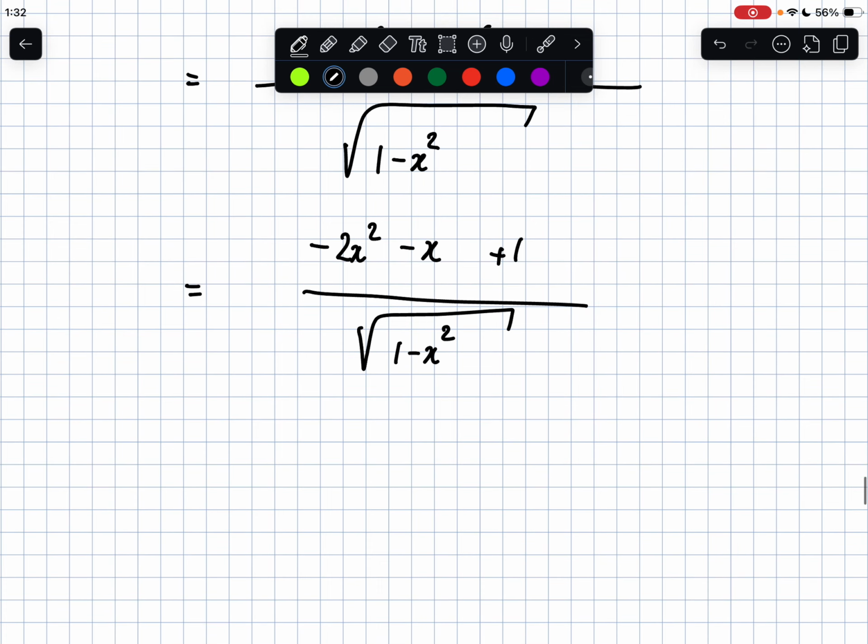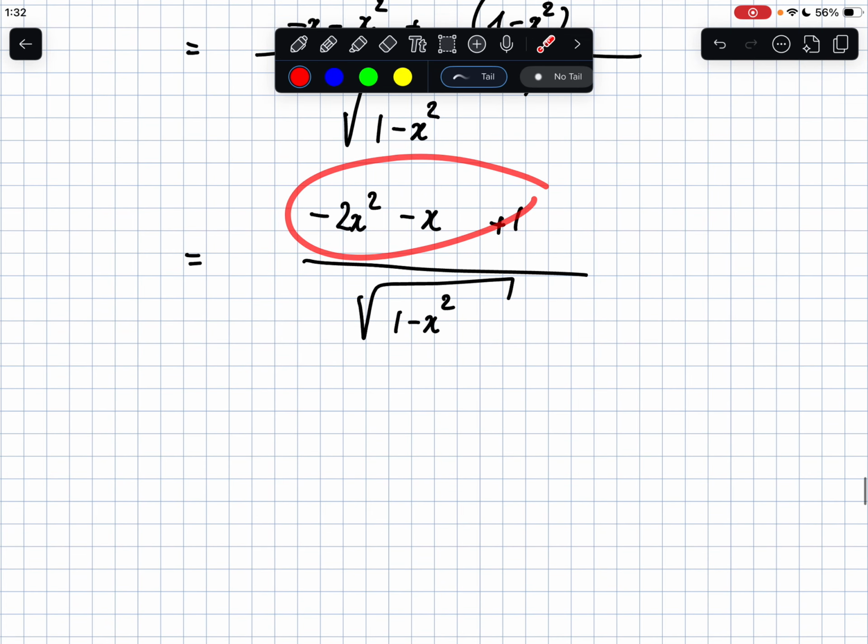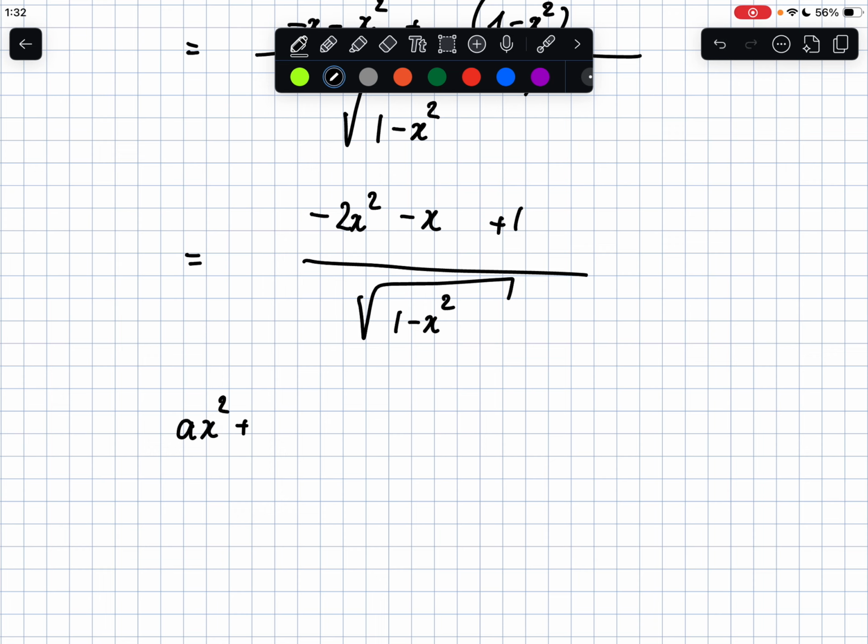Let's factor this: minus 2x squared minus x plus 1. I know that ax squared plus bx plus c, in our case a is minus 2, b is minus 1, c is 1.